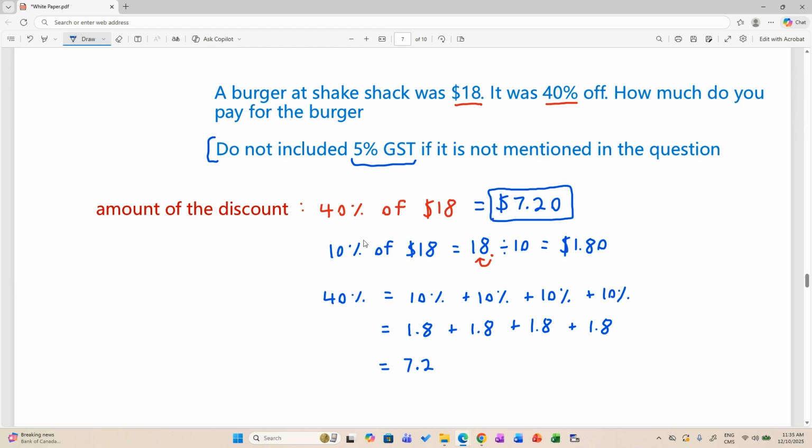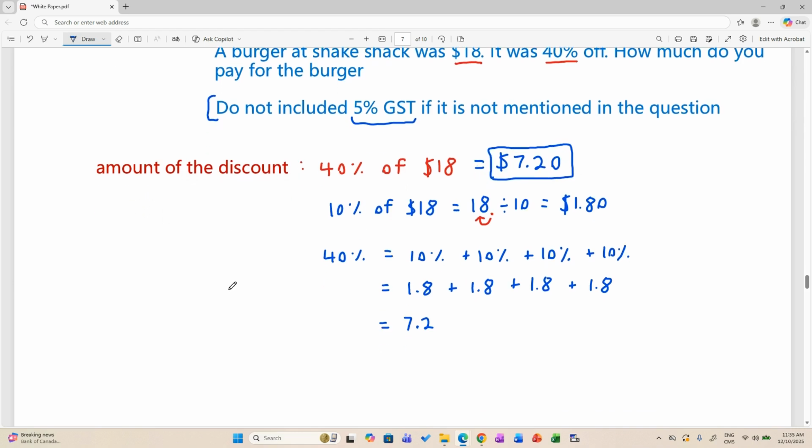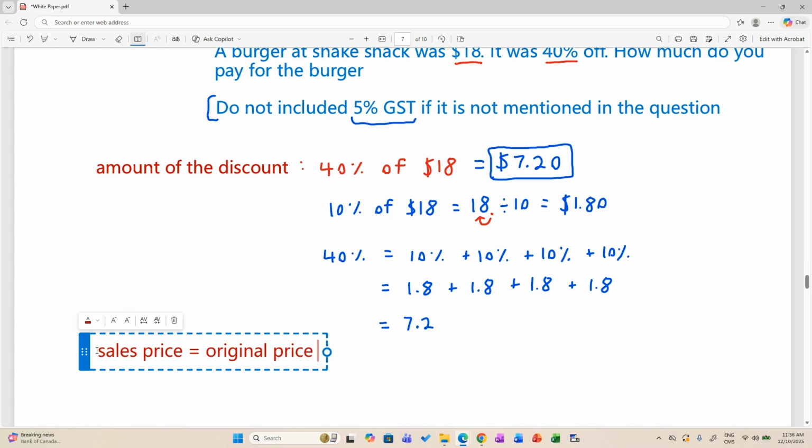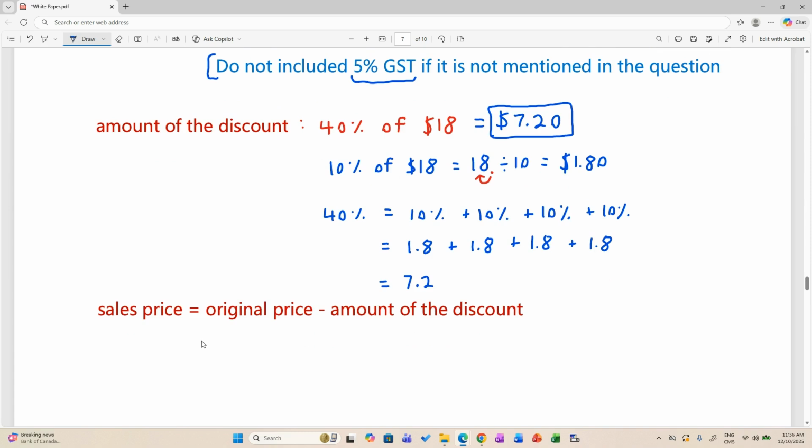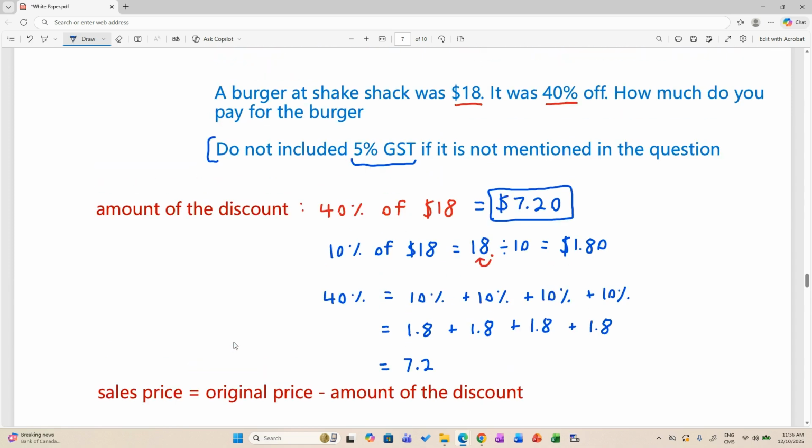So now, once I find the amount of my discount, I'm going to want to find my sales price, right? My sales price is going to be equal to my original price minus the amount of the discount that I have. So once again, my sales price here is going to be the original price minus the amount of the discount. So my original price is $18.